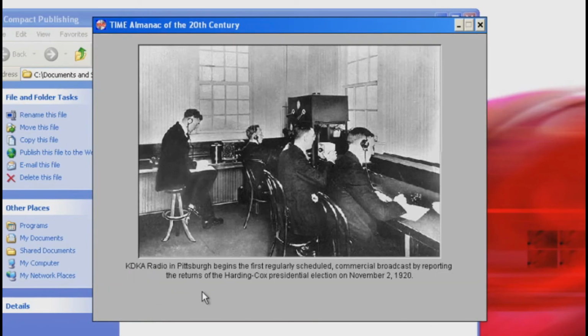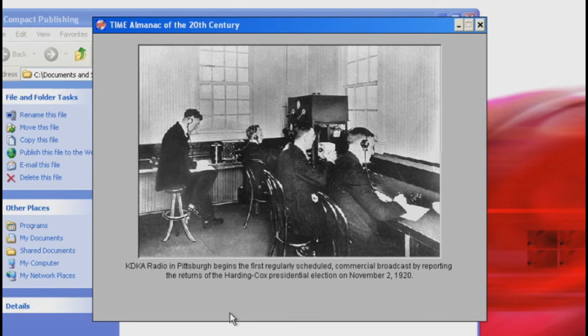This is KDKA of the Westinghouse Electric and Manufacturing Company in East Pittsburgh, Pennsylvania. We shall now broadcast the election returns. We are receiving these returns through the cooperation and by special arrangements with the Pittsburgh Post and Sun.